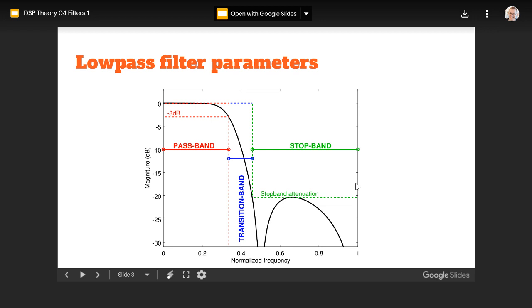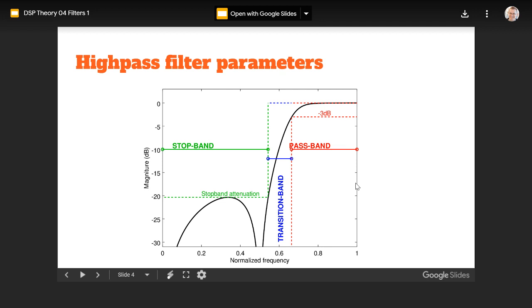You cannot have any response here or there. So whatever filter fits into these requirements is okay. But anyway, so it's passband, stop band, and then what is in between is a transition band.